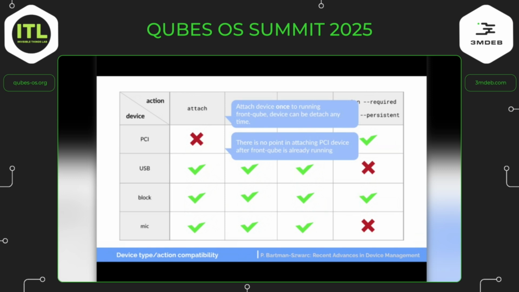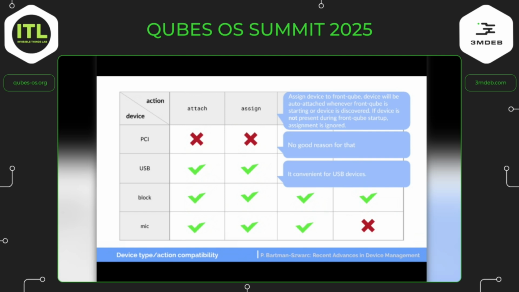Just to remind you which operation works with which kind of devices. Attachment doesn't work for PCI devices, because hot plugging of PCI is not a case right now for our VMs. Assignment also doesn't work for PCI in the hot-attaching sense, which is not currently available for PCI.